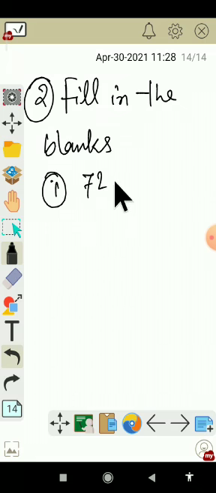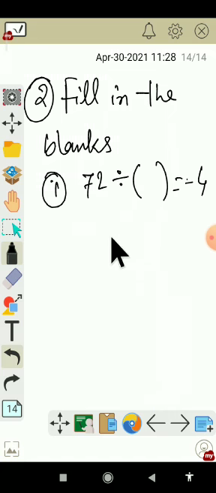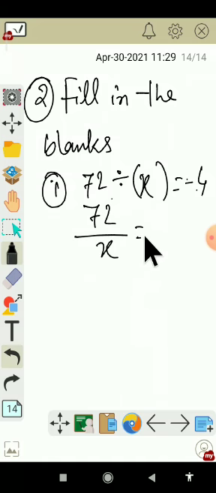72 divided by dash equal to -4. For this type of problem, we have to divide 72 by this number. Suppose this is x, so we can solve this way also.